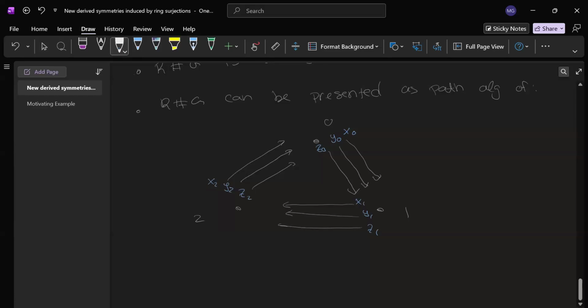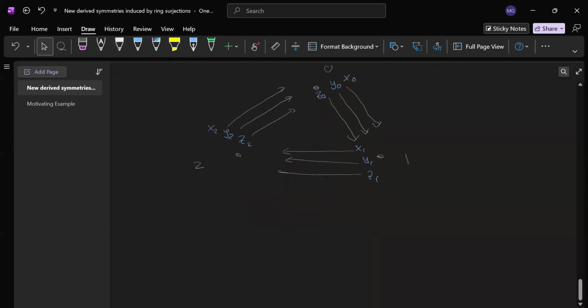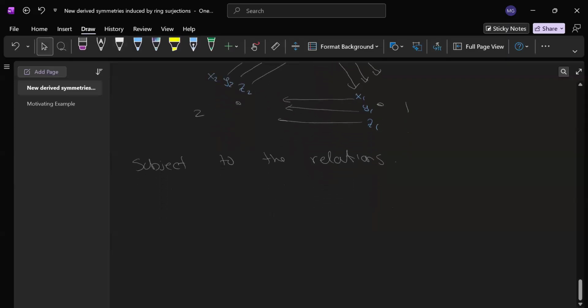So the skew group algebra can be presented as the path algebra of this quiver subject to some relations. And the relations are going to look something like this.